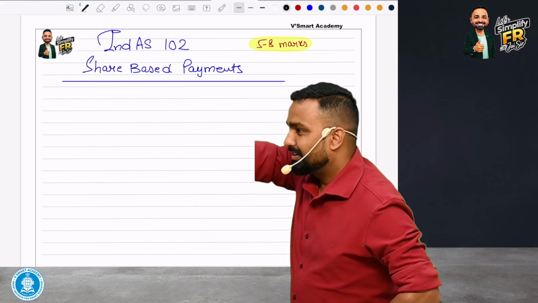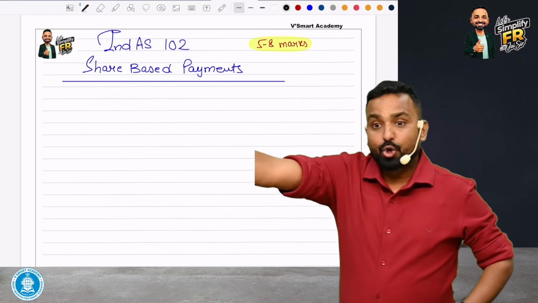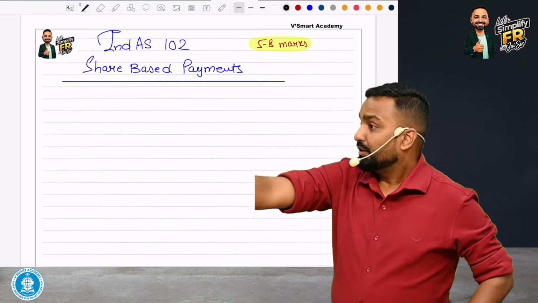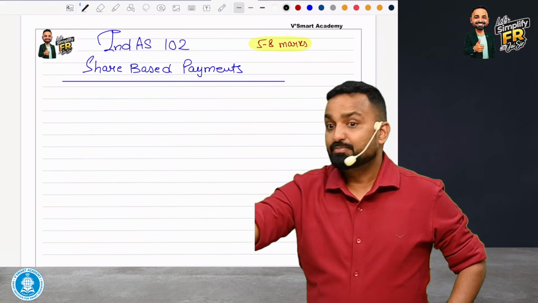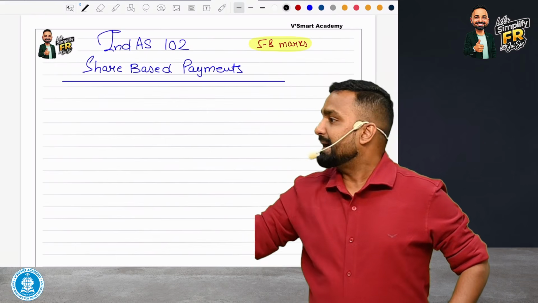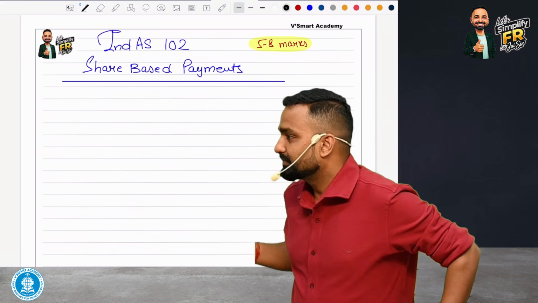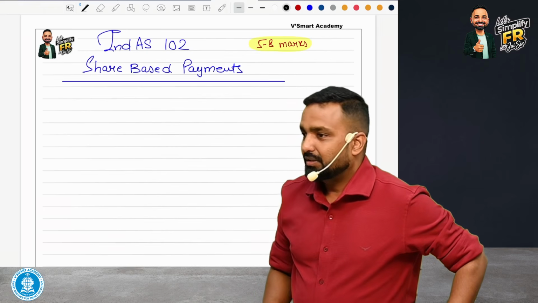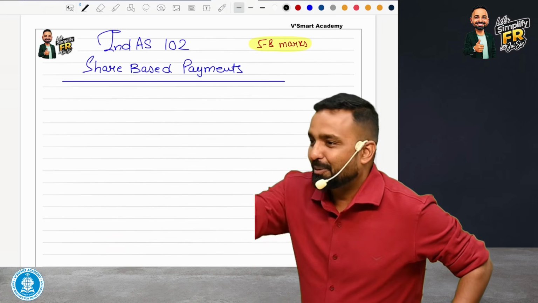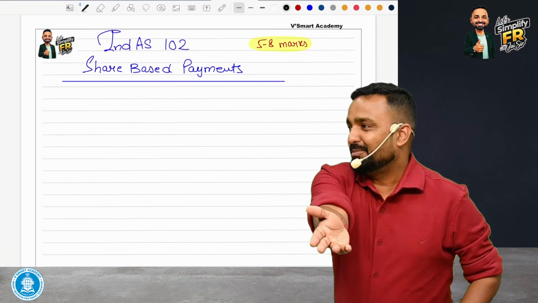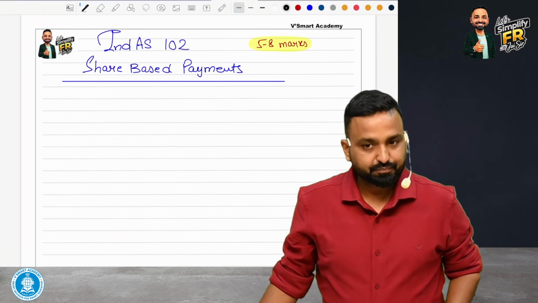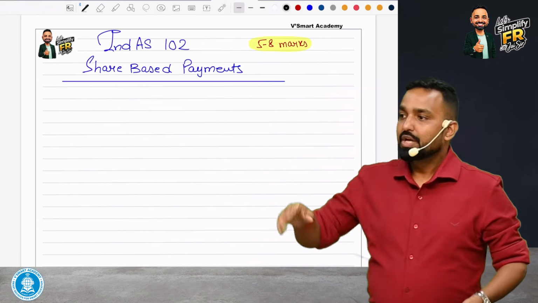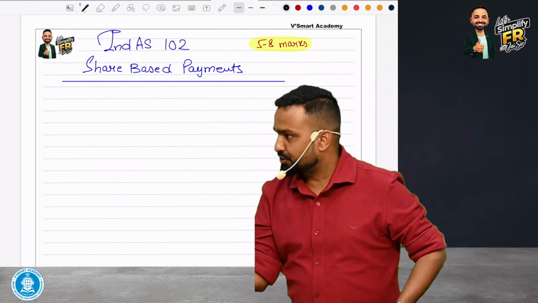Performance condition is for the top management employees, CFO level, CEO level employees. So the CFO got the offer with a performance condition that in the next 3 years the company's net profit ratio should be increased by minimum 5%. That condition will definitely be given to the top management. What will a normal employee do with this? So performance condition, net profit ratio, production cost.